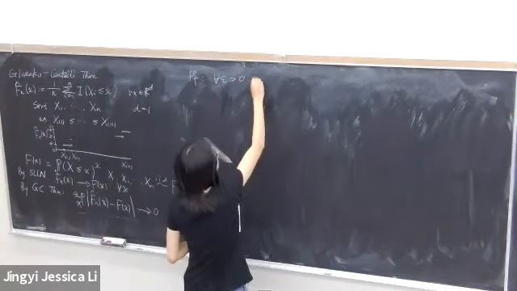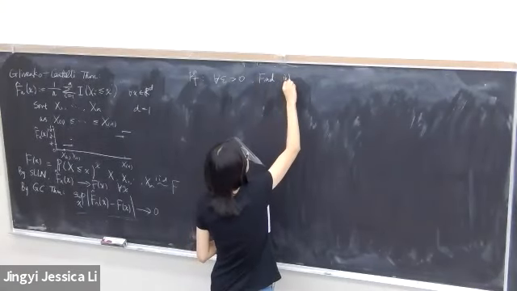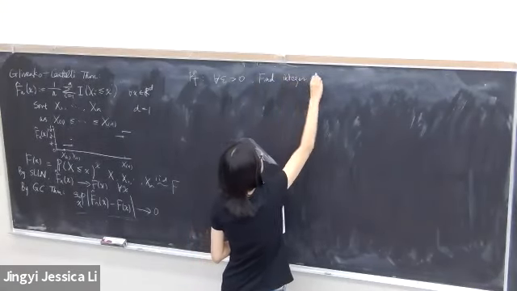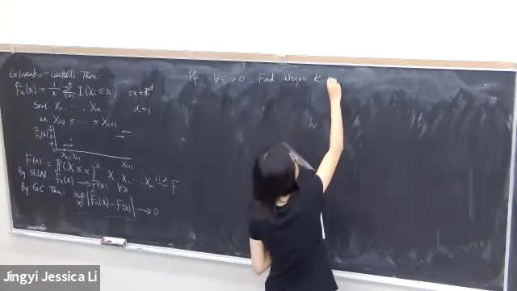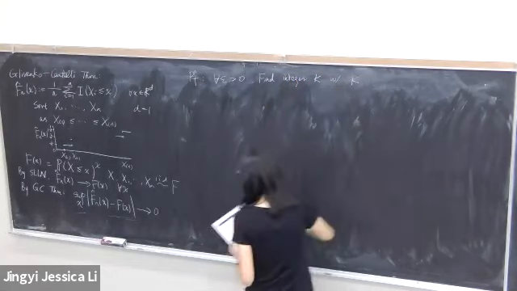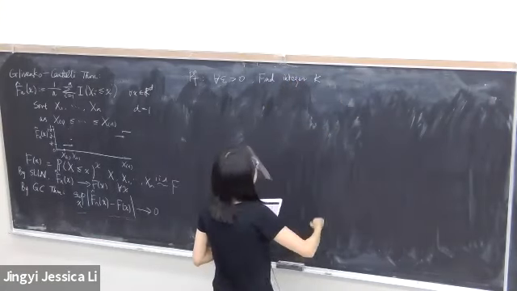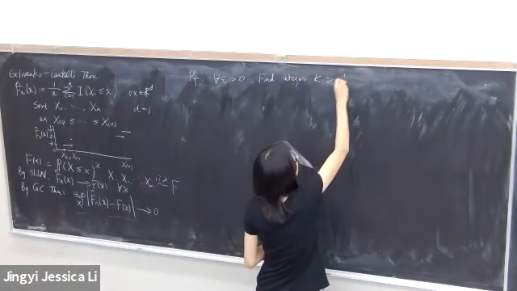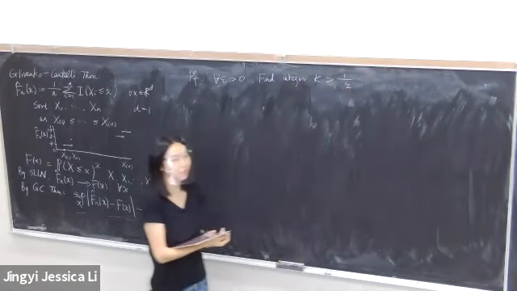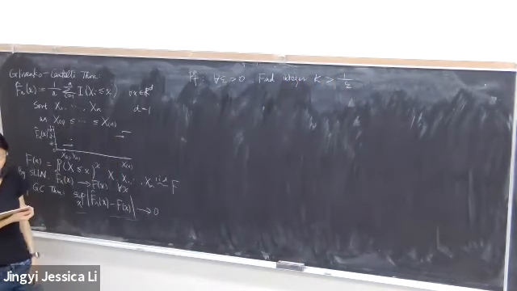So we try to find a positive integer k, or I can just make it simpler. We can just find an integer k such that it's greater than 1 over epsilon. So no matter how small epsilon is, I can always find such a large integer, right?